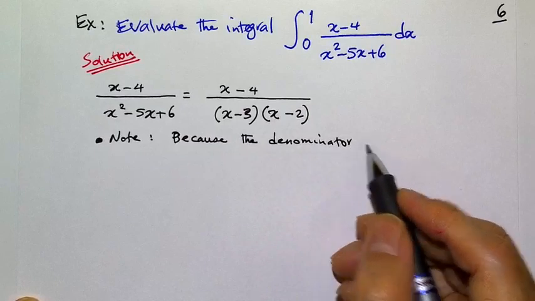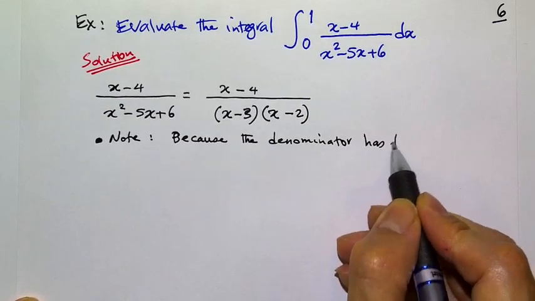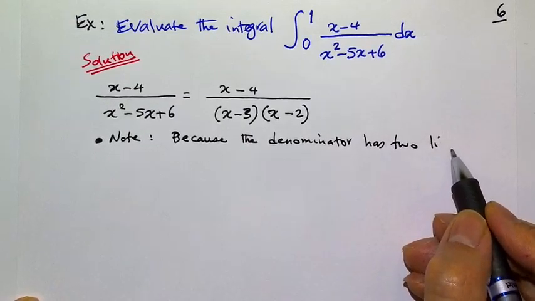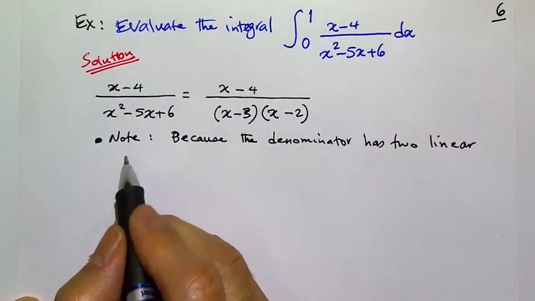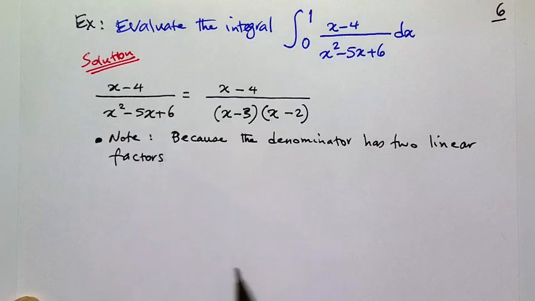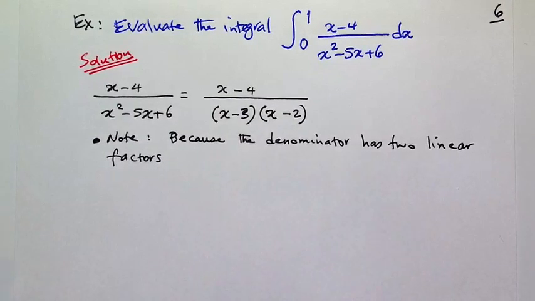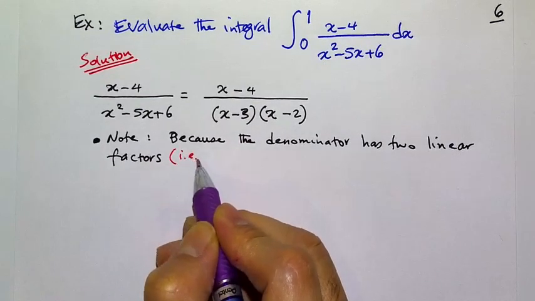Because the denominator, as case 1 said, has two linear factors, we say linear factors because the variable x has power 1.